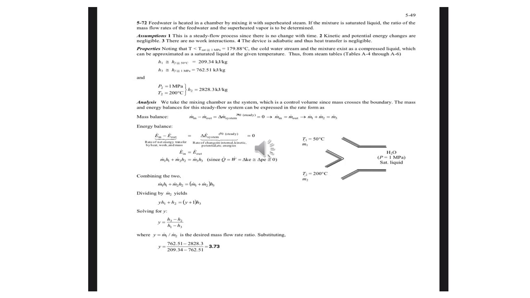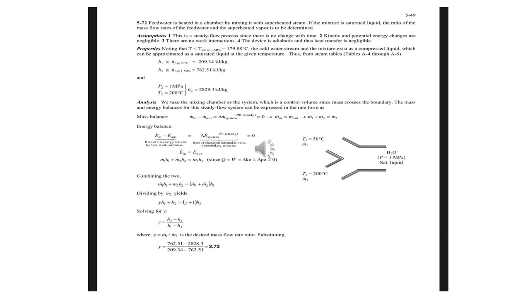Substitute known values. H1 equals 209.34 kilojoules per kilogram, H2 equals 2828.3 kilojoules per kilogram, H3 equals 762.51 kilojoules per kilogram.